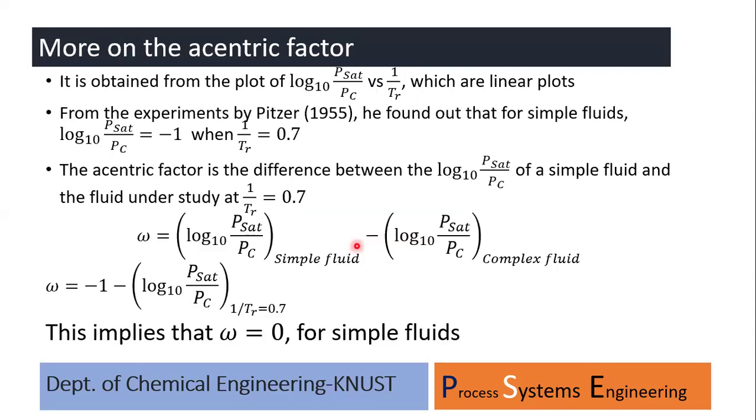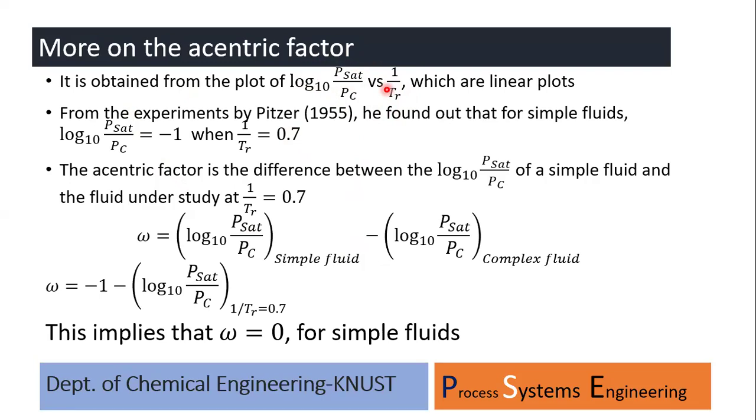For the eccentric factor, please just really pay attention here, okay? The way they came about it was that they found the saturation pressure of the substance, divided it by its critical pressure, and then found log of that. That's the first thing. And they also found a reduced temperature and found 1 over that.